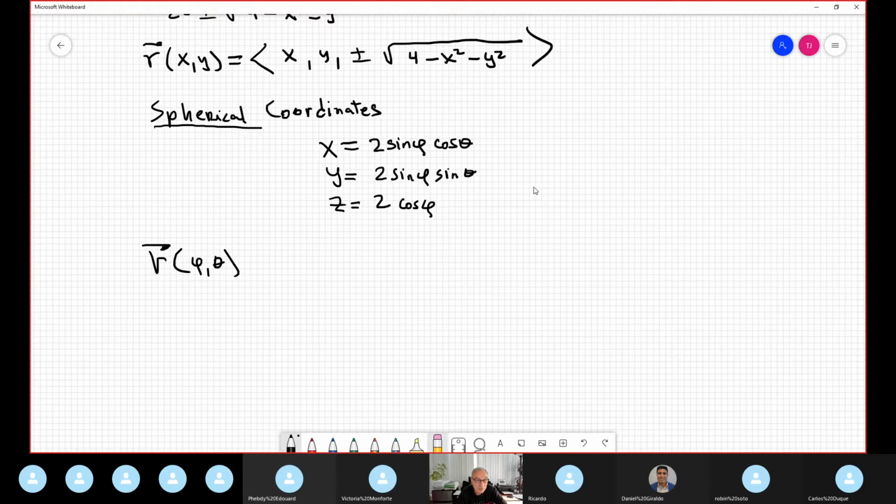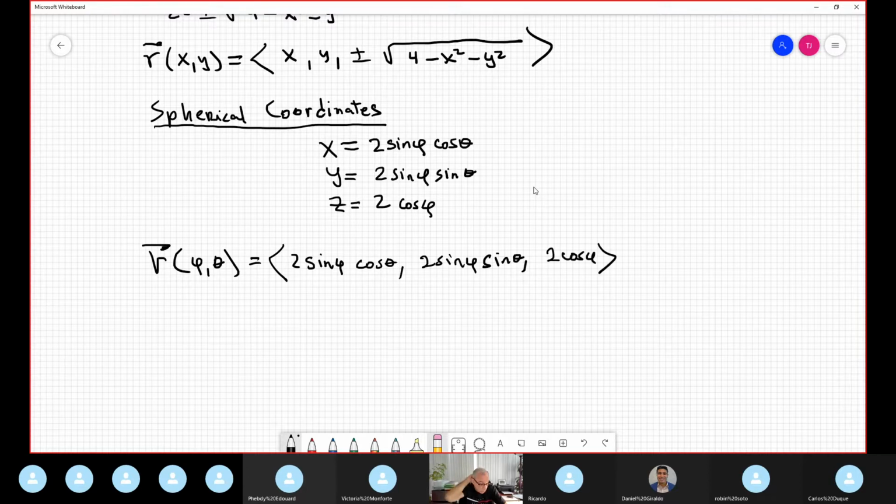The parameterization is spherical coordinates. Now the first component is 2 sine phi cosine theta, comma, 2 sine phi sine theta, comma, 2 cosine phi. However, I feel the most important thing is: what is the domain?